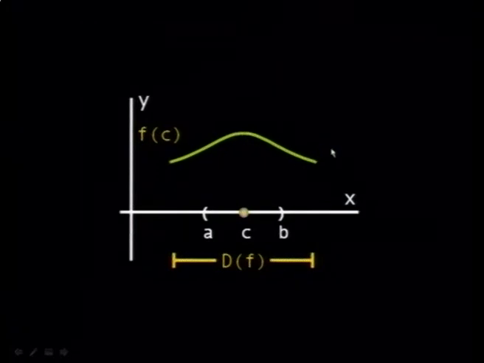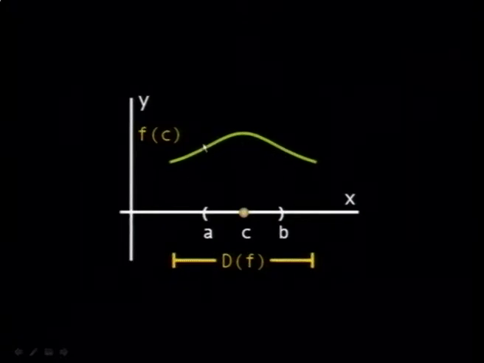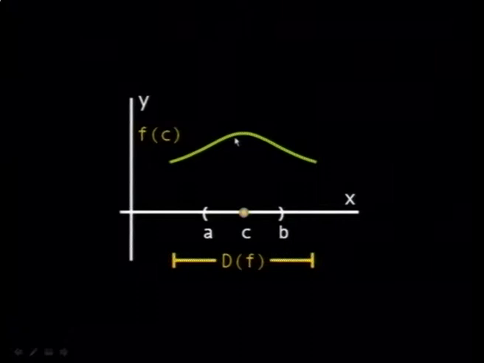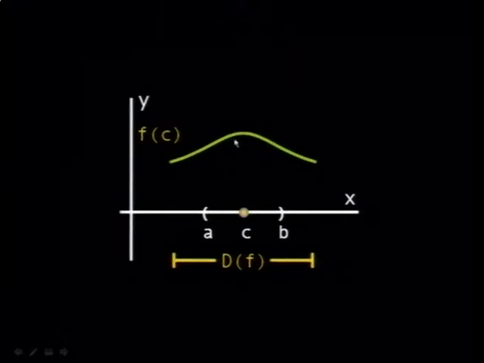Because there may be other maxima greater than this value f of c, but in this special small interval, f of c is the maximum in this whole interval. In other words, it's a relative maximum with respect to the rest of the points in the same interval, and this is why we call it a local maximum.